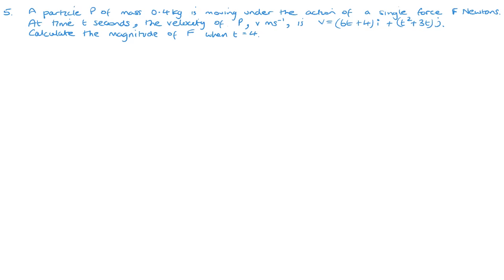Okay, so this one we are going to need to find the magnitude of F, so we're going to basically need to use F equals ma, which means we want the acceleration. So that is to differentiate the velocity. So it's going to be 6i plus 2t plus 3j.